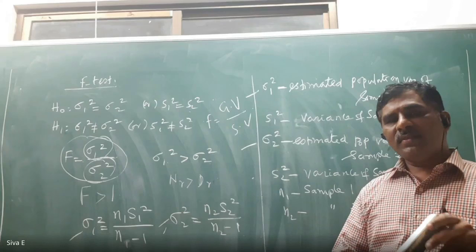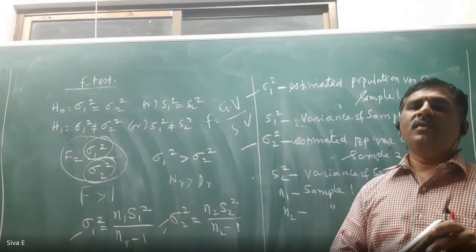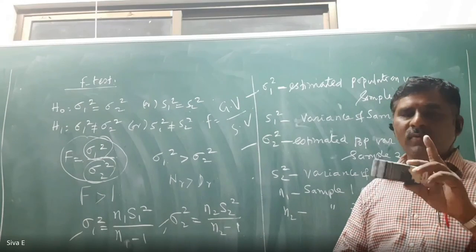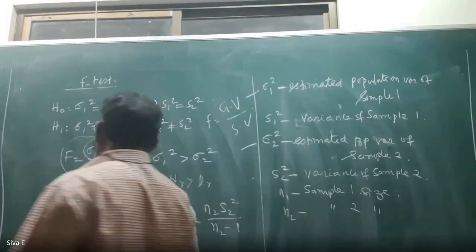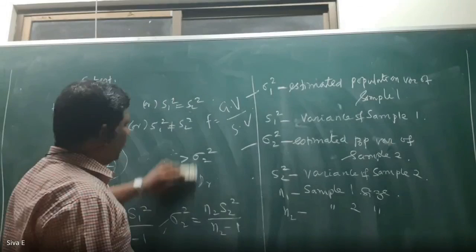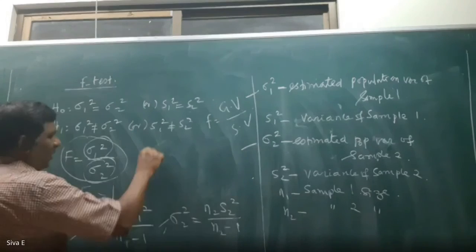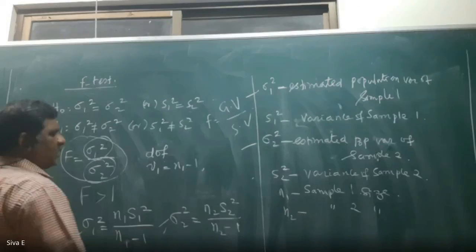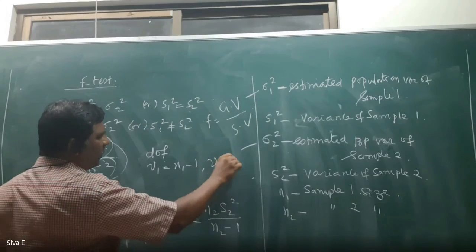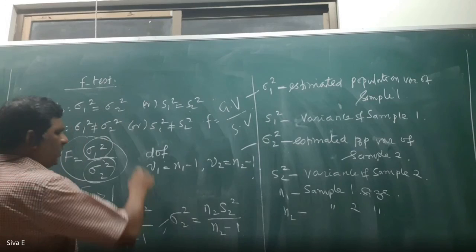Which one has smaller variance? That is sample 2. That is one important note. The second important note is degrees of freedom: nu1 is n1 minus 1, nu2 is n2 minus 1. It is important.